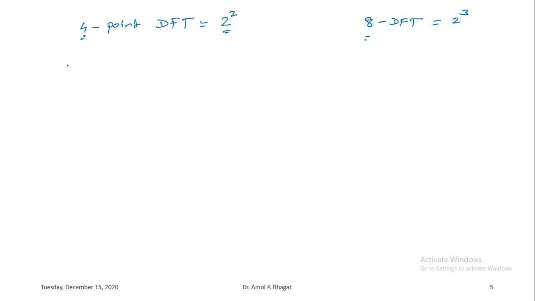So when we are computing 4-point DFT, as it is a binary value, because 2 raised to the power n can be used for representation of binary digits, to represent these 4 points we will be using a 2-bit combination.